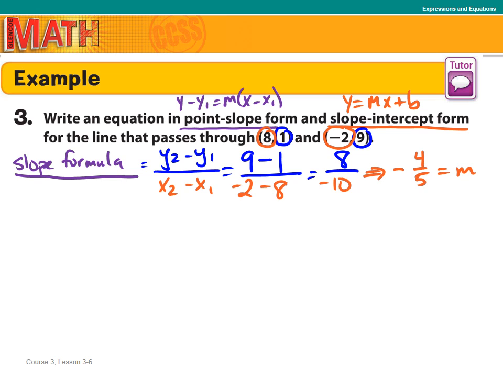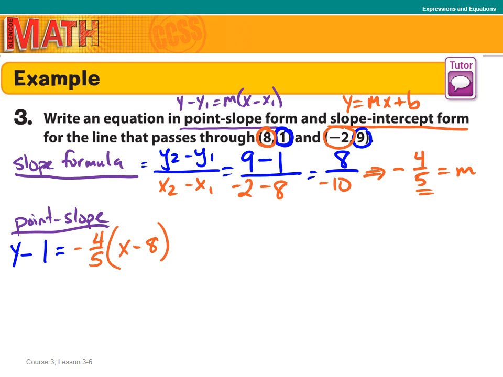So now, knowing that information and knowing our first point, we can take our point slope form and we are going to write y minus, and I'm going to use y1, which is 1, is equal to, I'm going to use my slope, negative 4/5, times x minus x1, which is 8.